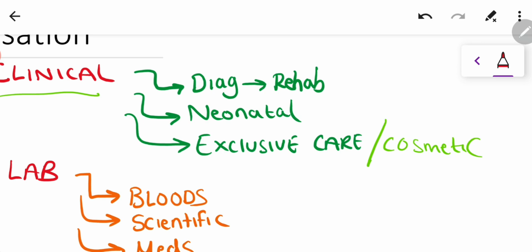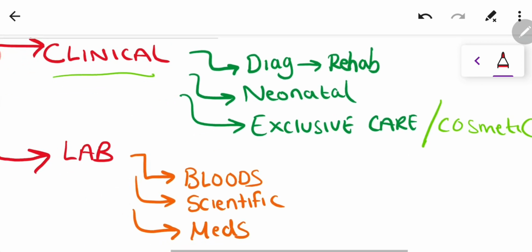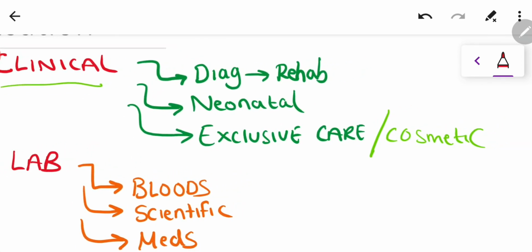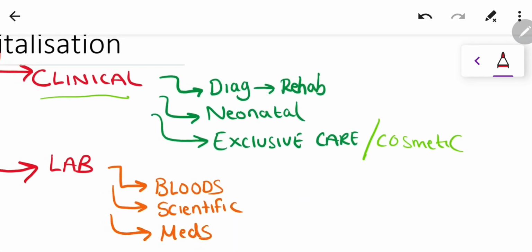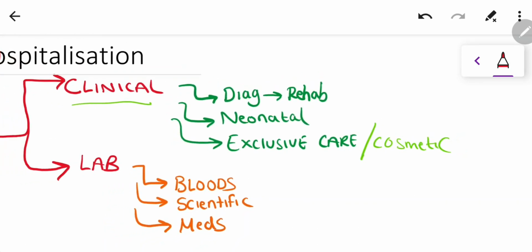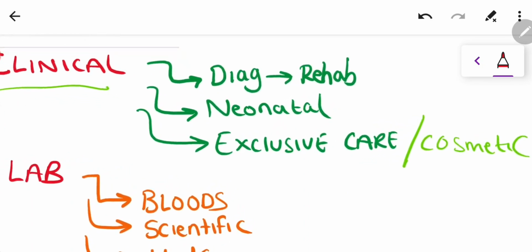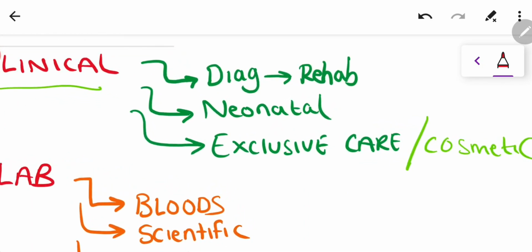So they would diagnose you, treat you, and yeah, rehabilitate, and that would include medication as well, giving you medication. So first thing is diagnosis, treatment, rehab.